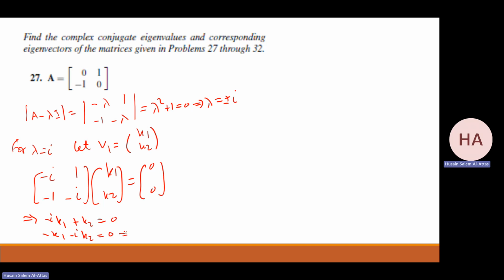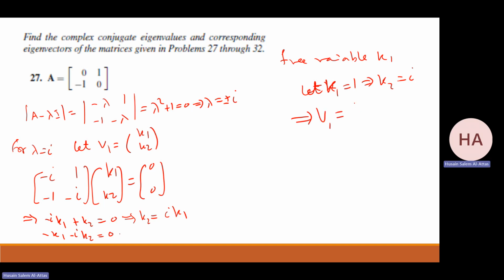So from here I can get K2 will be i K1. My free variable will be K1. I let K1 equal 1, then K2 will be i. So my V1 will be 1 and i.